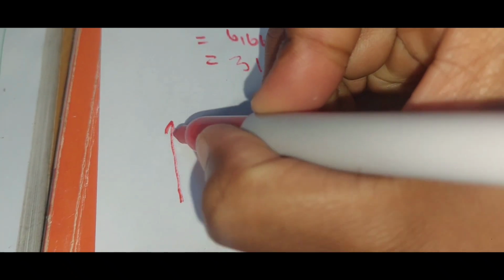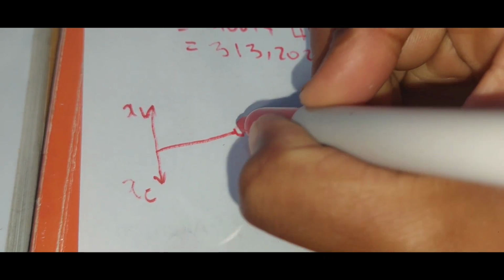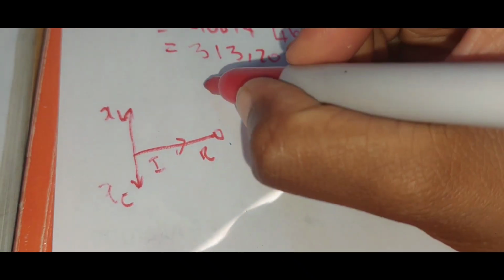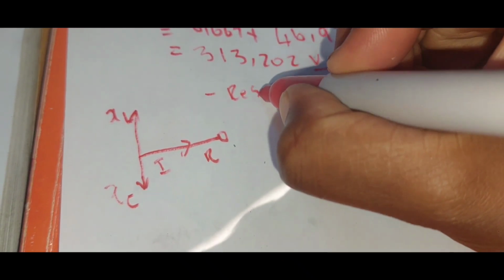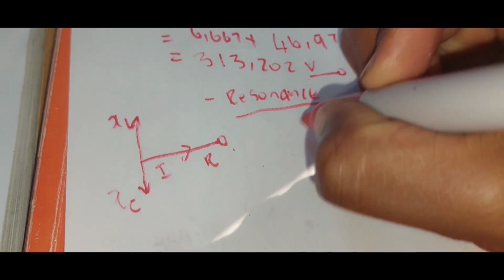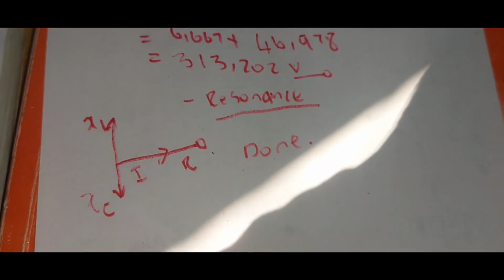In series, the inductor goes upwards while the capacitor will be below, and we draw the current and resistor, and this is the resonance phasor diagram, guys. Now we are done. Thank you. See you next lesson, guys.